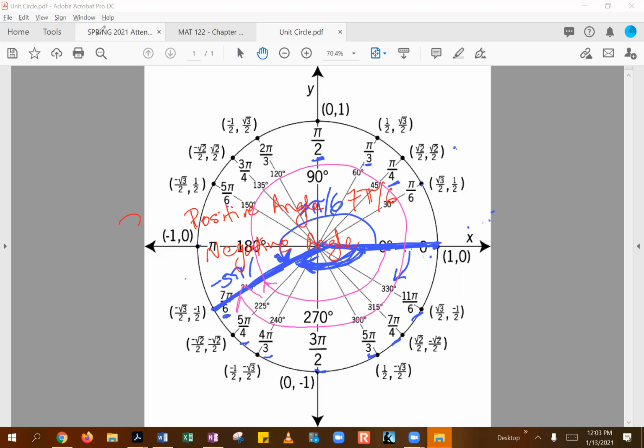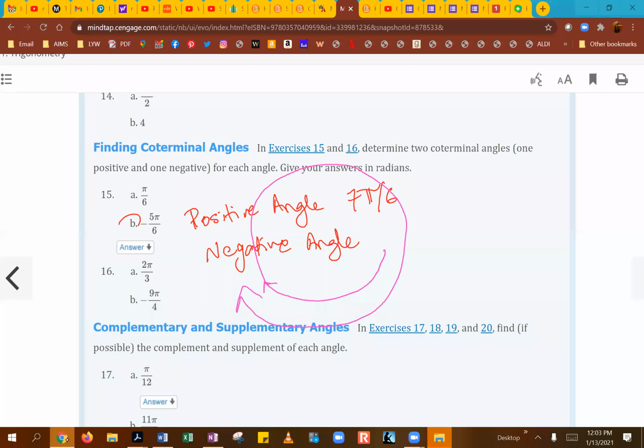So what you can do, coming back over here, if we make that full rotation, is take your original angle of negative 5 pi over 6 and subtract 2 pi from it, because we're going in the clockwise direction, so that's a negative angle.